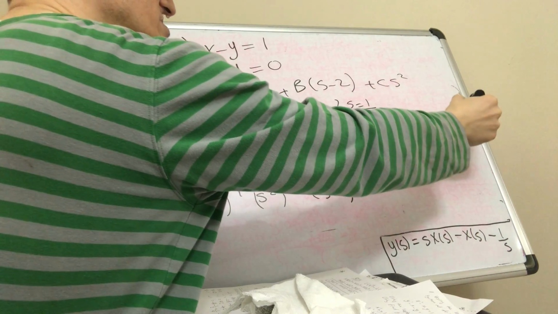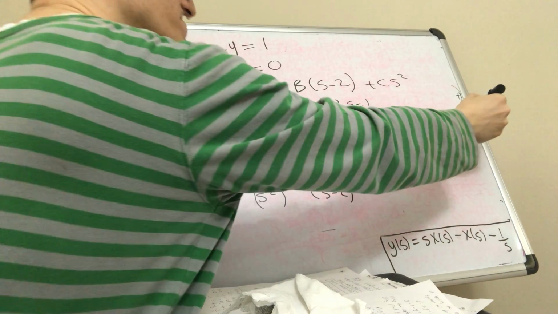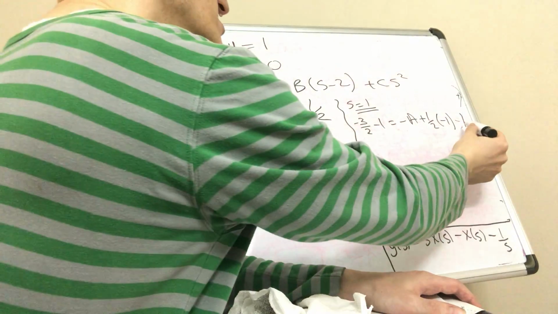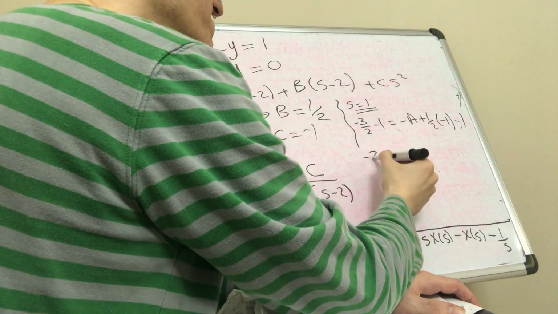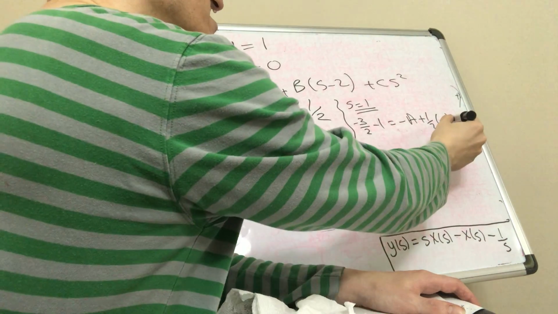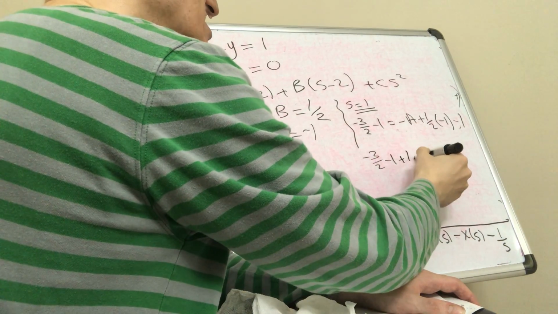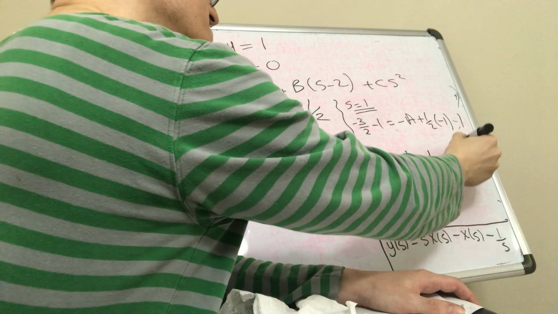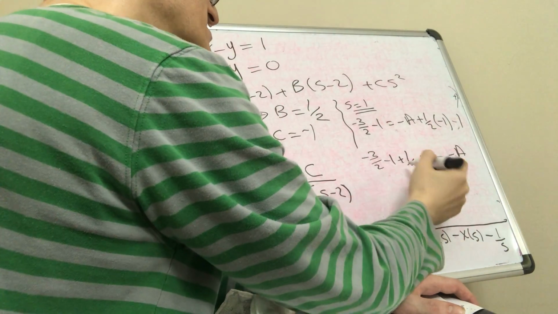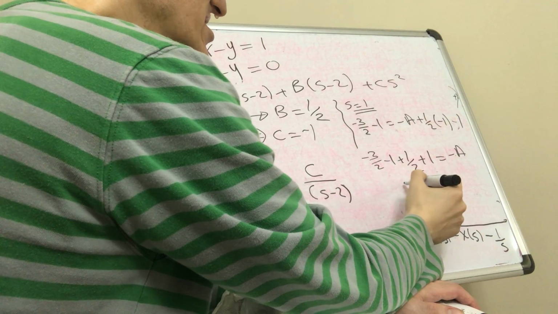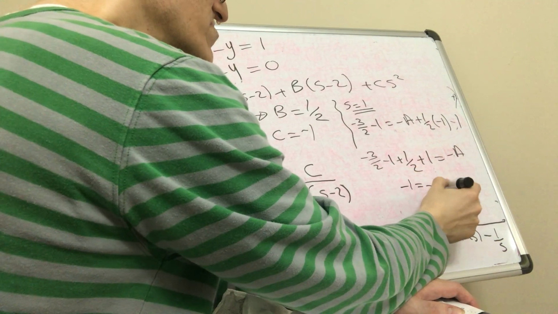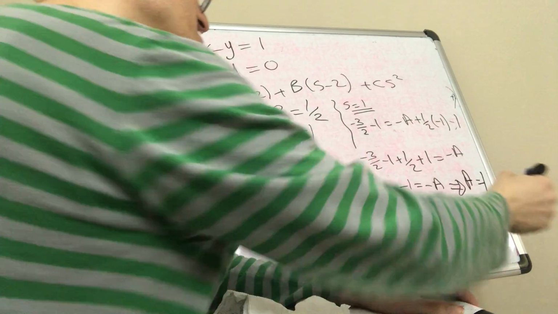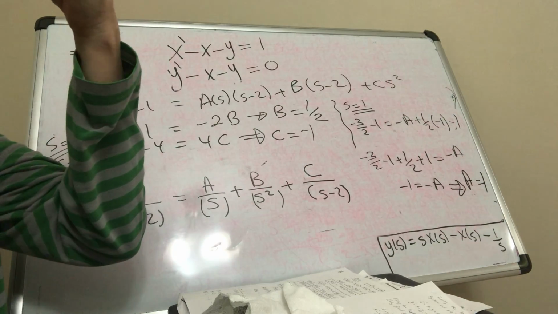And 1 squared becomes negative 1. You bring the negative half, so plus half, and the negative 1 plus 1 cancels. This is like minus 1 equals minus a, so actually a is just 1.